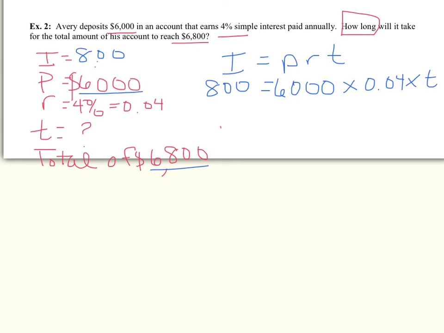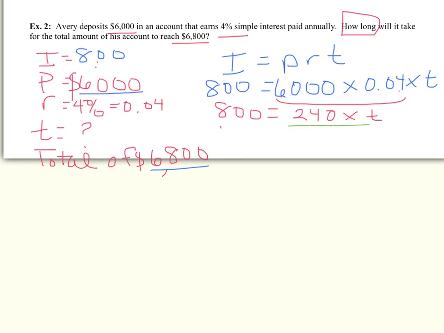All right, solving this 2-step equation, I'm going to multiply what I know on the right side of my equation. And I know 6 times 4 is 24, right? So 2 decimals there, 3 zeros. I get 240 times t equals our $800 we made in interest.